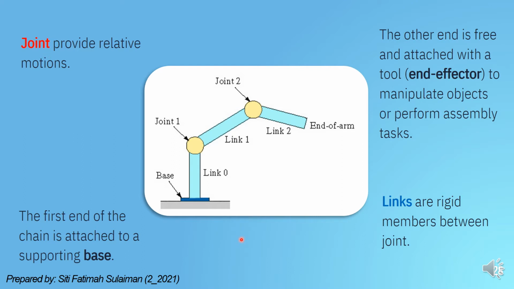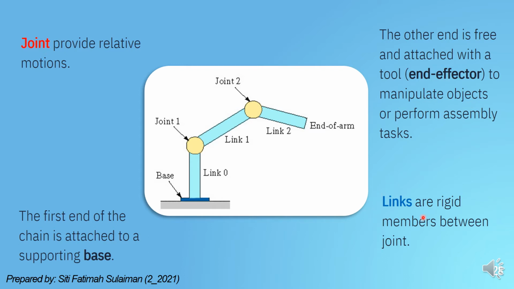And the second part is the joint. So joints in a manipulator provide relative motions, which means that joints are the movable parts in a manipulator. Okay, so these are joint 1 and joint 2.